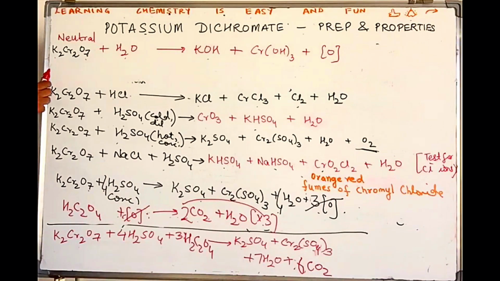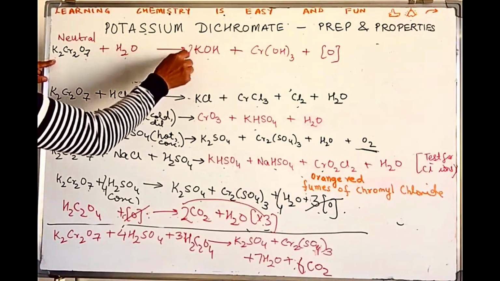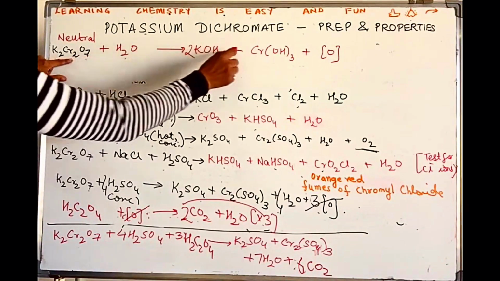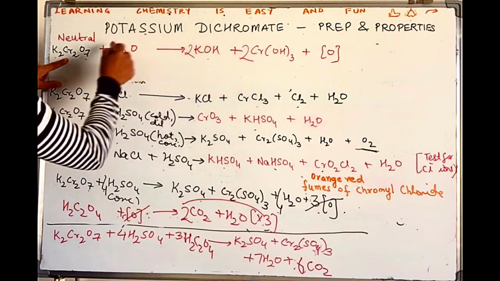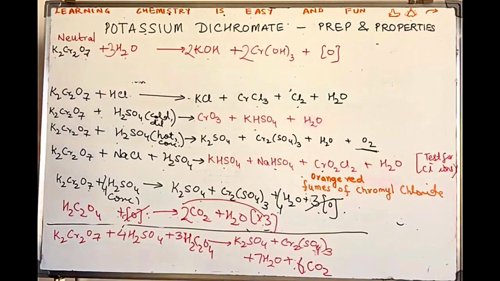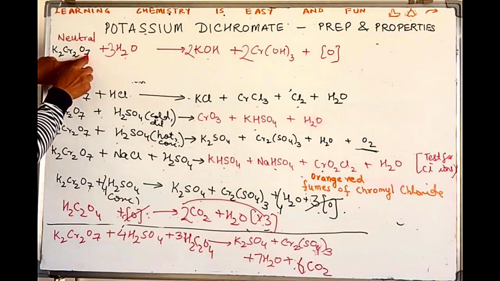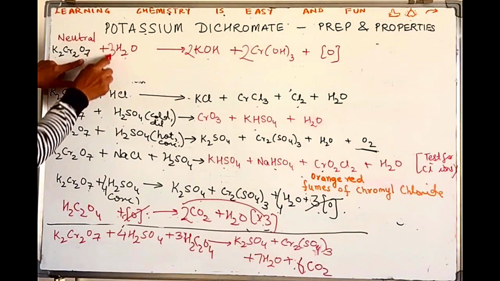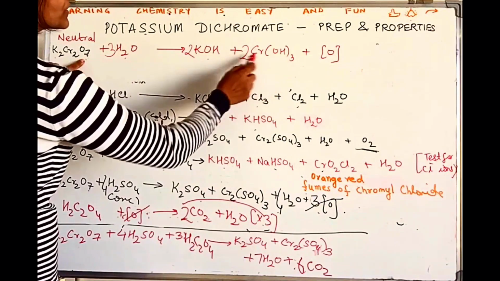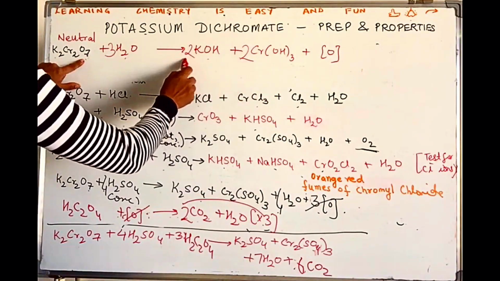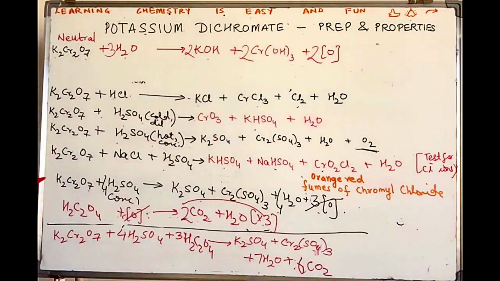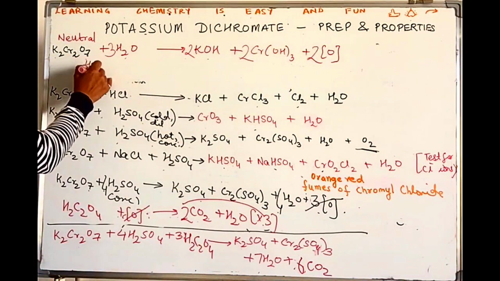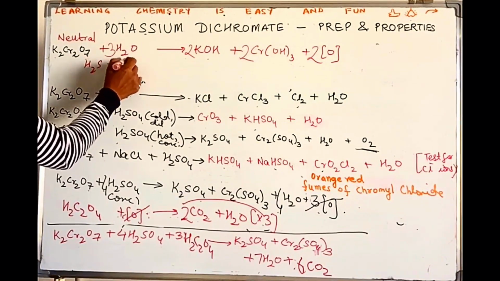Please balance it, right? So we've got 2 potassium, chromium 2, we've got 3 times 2, 6 hydrogen, we've got only 2 hydrogen, we make it 6. Let's see the oxygen, 7 plus 3, 10, we've got 3 times 2, 6 plus 2, 8 and 9, 10.